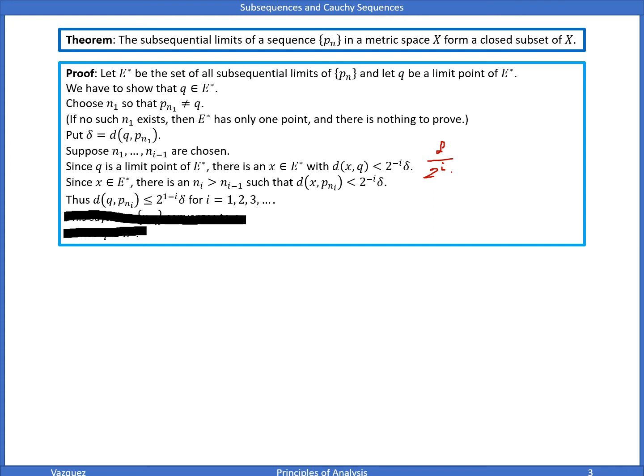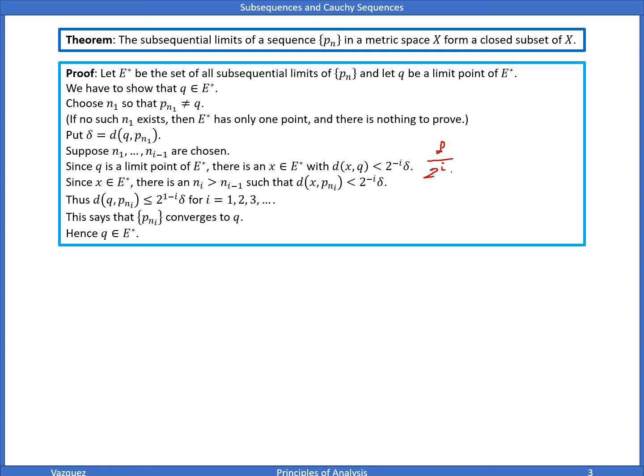Well, then the distance between Q and P sub n sub I is less than or equal to 2 to the 1 minus I times delta for I from 1 to infinity. It says that P sub n sub I converges to Q, so therefore Q is indeed in E star.